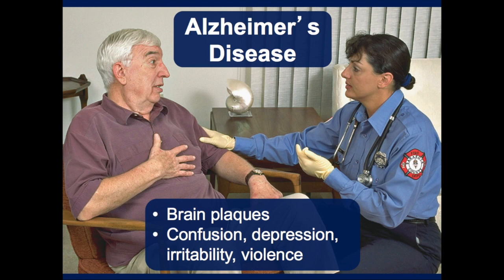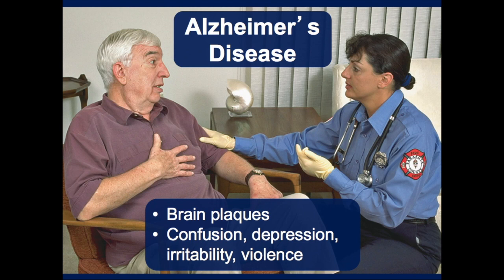So when you encounter patients who have Alzheimer's, they could be at any one of the stages of the disease. They could have very mild disease where maybe you don't even know they have Alzheimer's, or significant disease where they have difficulty communicating, cooperating with the physical exam, and can have a lot of behavioral disturbances as well.